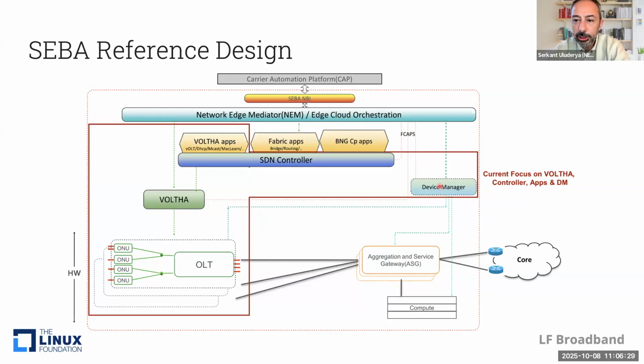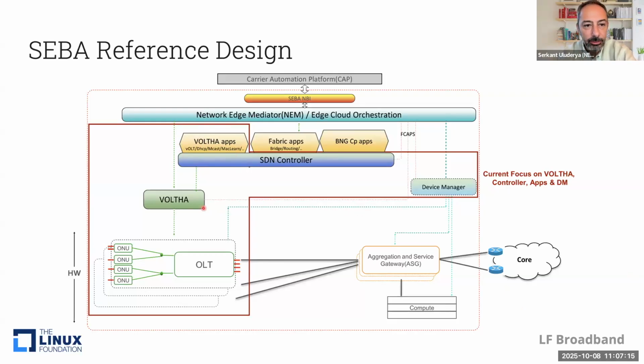The device manager here manages the management plane, and VOLTHA controls the control plane of the PON network. Also on top of the SDN controller, these applications here like VOLT, DHCP, IGMP, MAC learning, these are part of the control plane, and these applications are deployed into the SDN controller. So as I said earlier in the disaggregation idea, most of the OLT application logic can be installed in these applications.